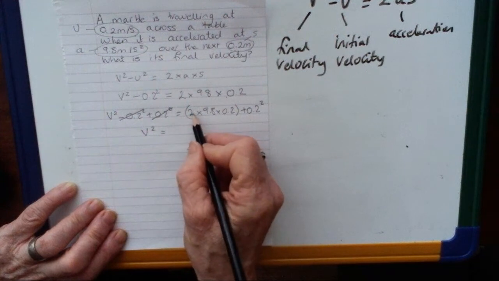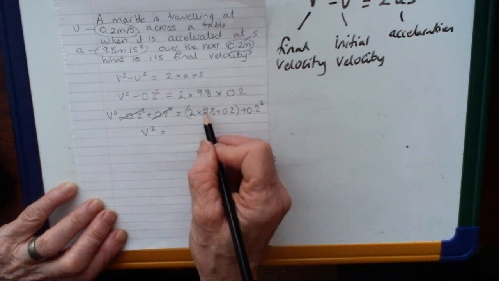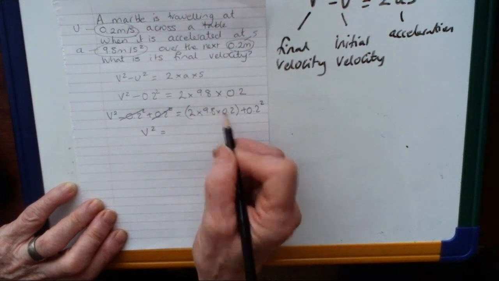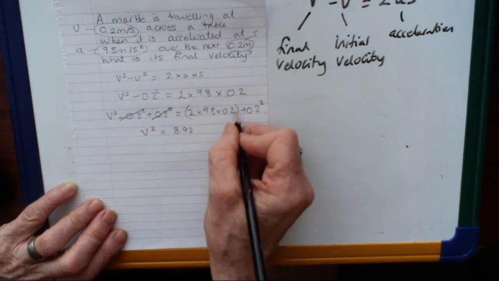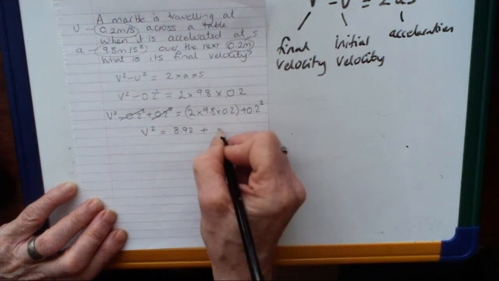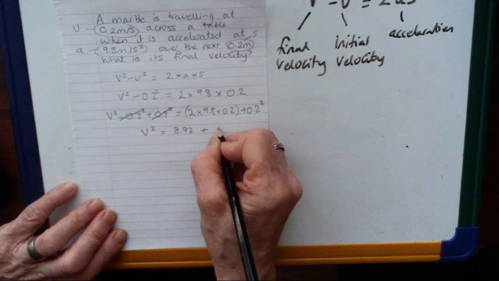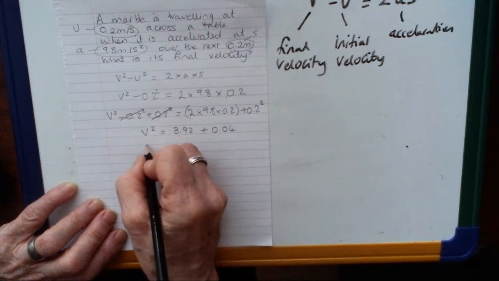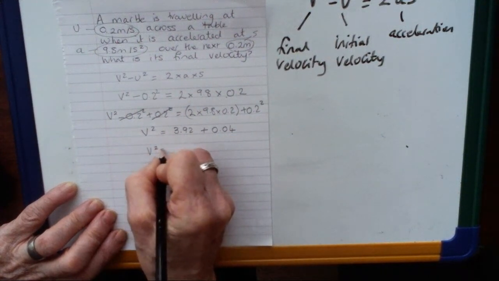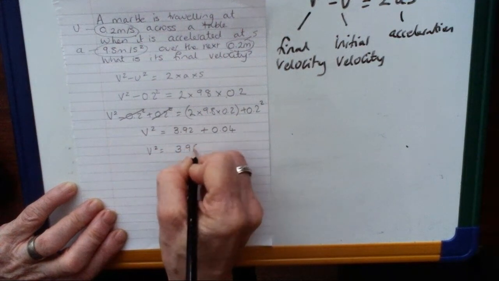And at this point here I would then do the math, so 2 times 9.8 times 0.2 is 3.92 plus our 0.2 squared, and 0.2 squared is 0.04, so our v squared equals 3.96.